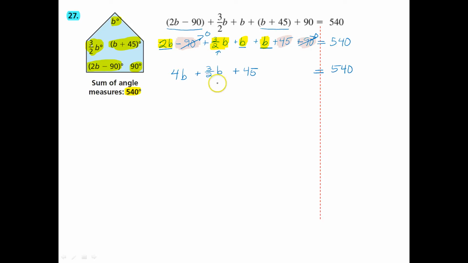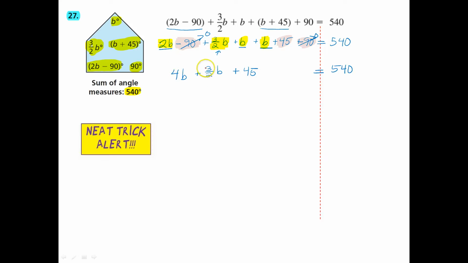What can we do about that? Well, allow me to show you a neat trick. The denominator of this fraction is a 2, which means that this 3 is getting divided by 2. So the opposite of dividing by 2 is multiplying by 2, which means that I can undo this fraction by multiplying by 2.